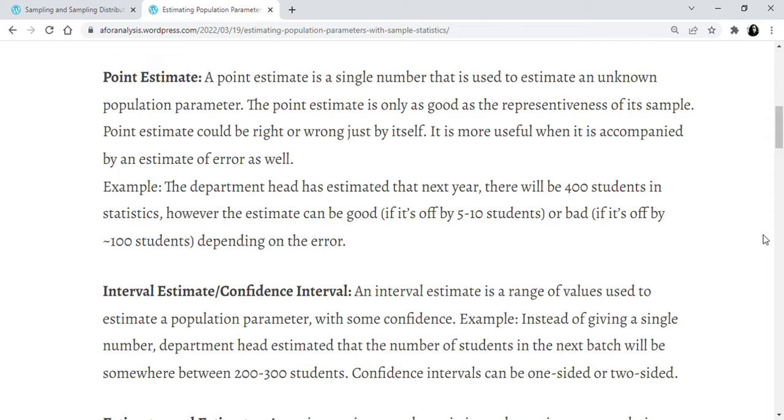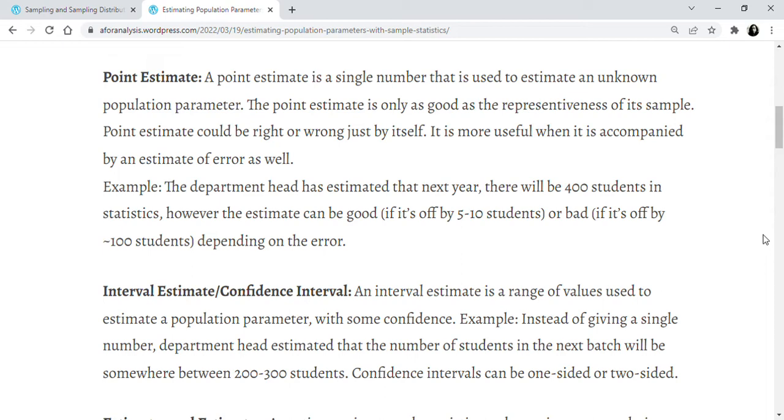We don't know whether it is a good or bad estimation, but if we know the range, like it can be off by 5 or 10 students maybe, then it's a really good estimation. But if it is off by say 100 students, it is not a really good estimation. So it's always good to have the estimation of error along with the point estimate, then only does it make more sense to us.